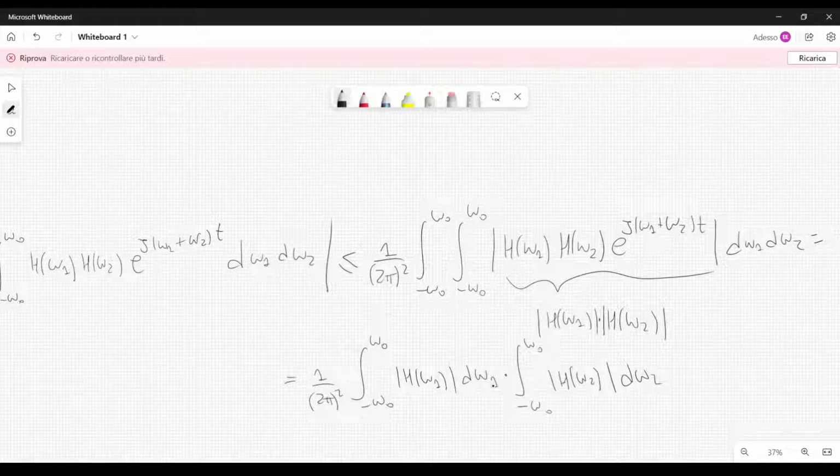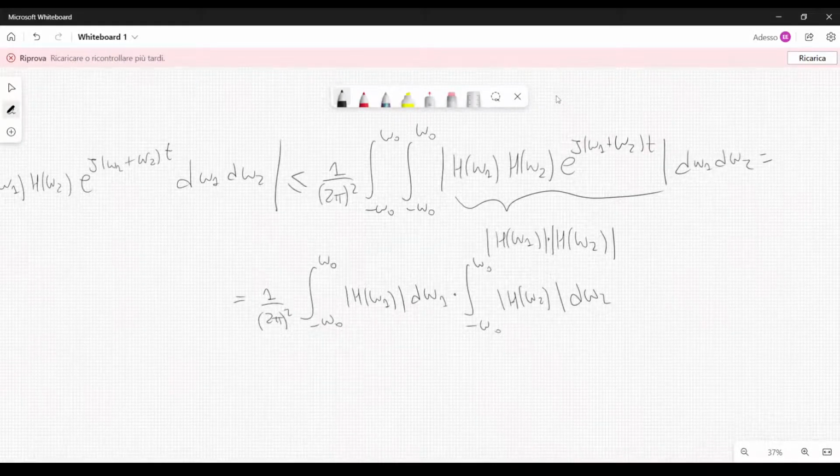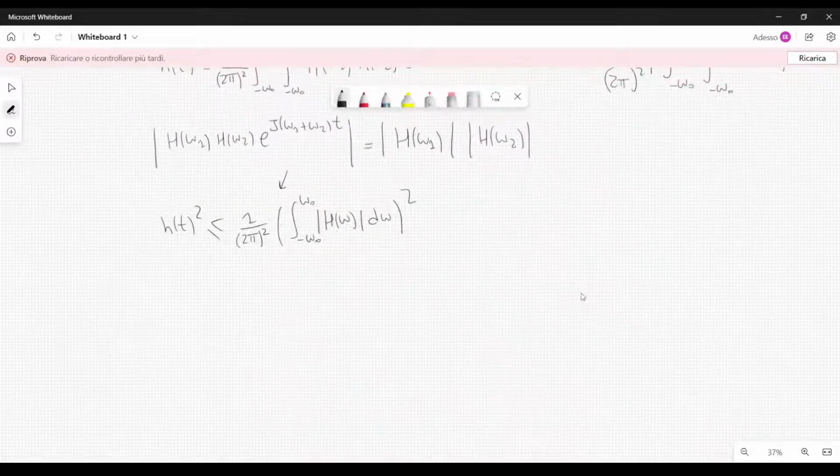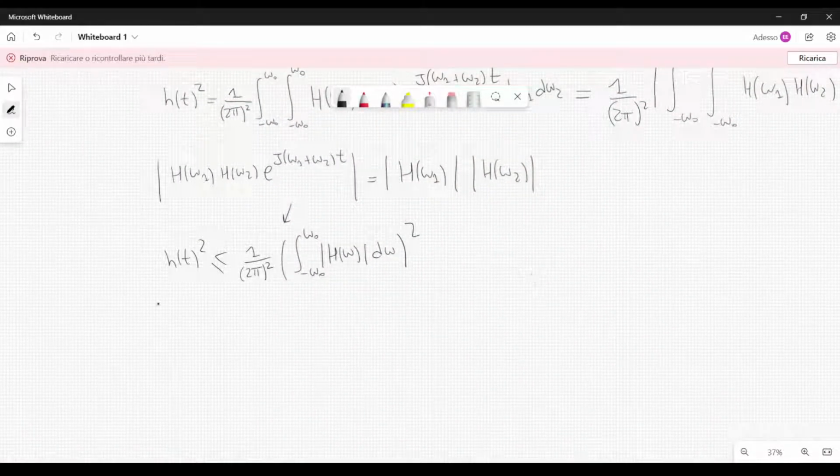And of course, these two integrals are equal. You just have to change the name of the variable, and this will simply give you the integral from minus omega naught to omega naught of the modulus of h of omega, squared, d omega. So this was quite an easy result to obtain, this inequality here.